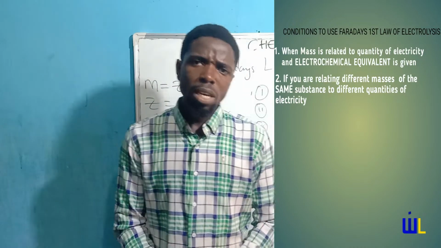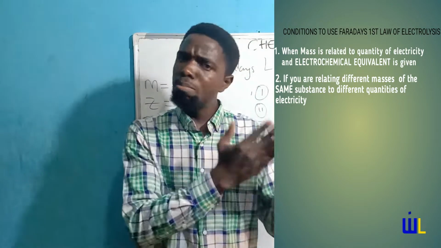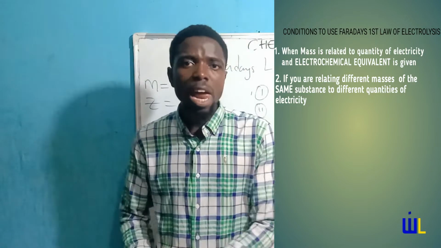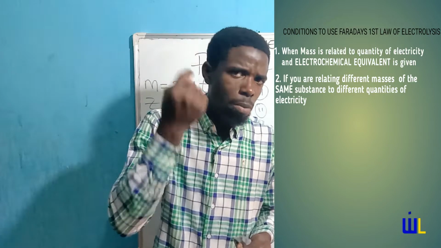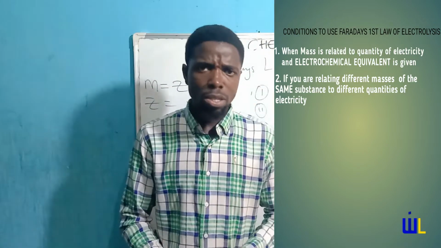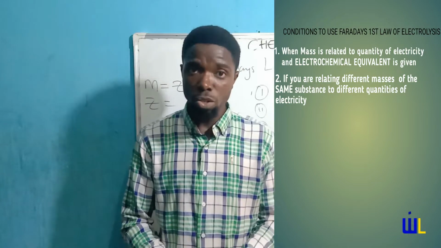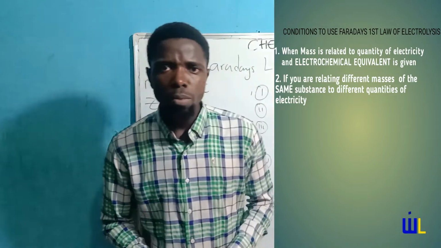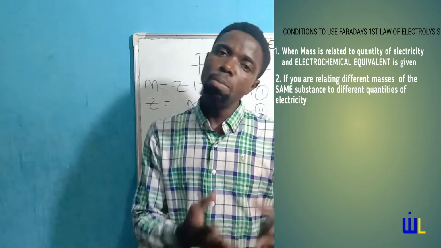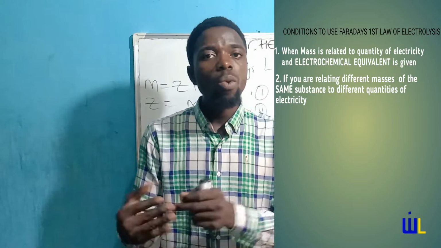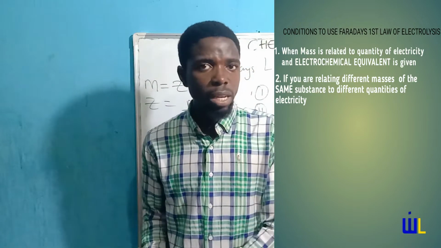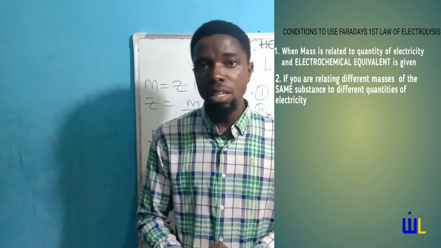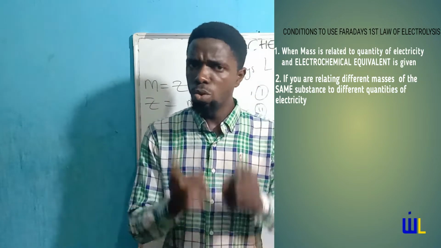Whenever you have a question that is relating the mass of a substance to the quantity of electricity passed through the electrolyte, and in the question you are given electrochemical equivalent, you are expected to solve using Faraday's first law of electrolysis. I take it again. If you are given a question which involves the relationship between the mass of a substance deposited and the quantity of electricity passed through the electrolyte, with ECE, which is electrochemical equivalent, given, automatically you are going to be dealing with Faraday's first law. So don't get confused.